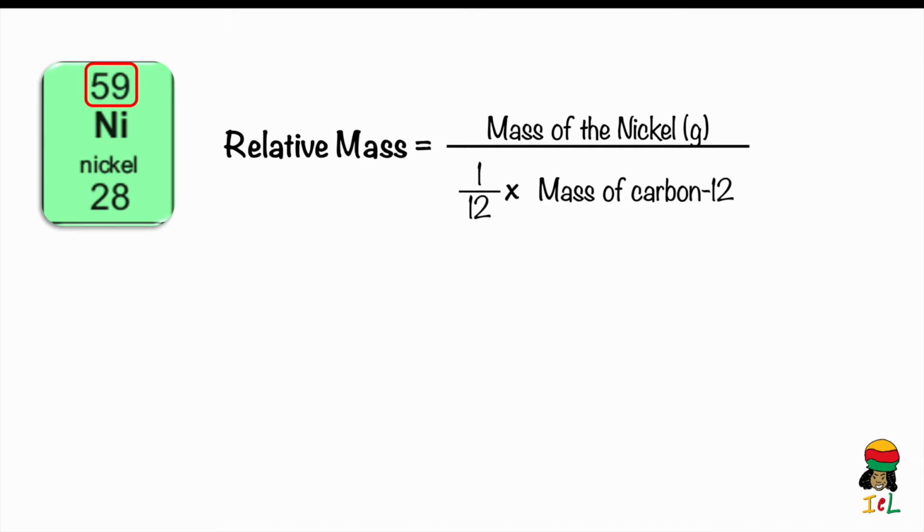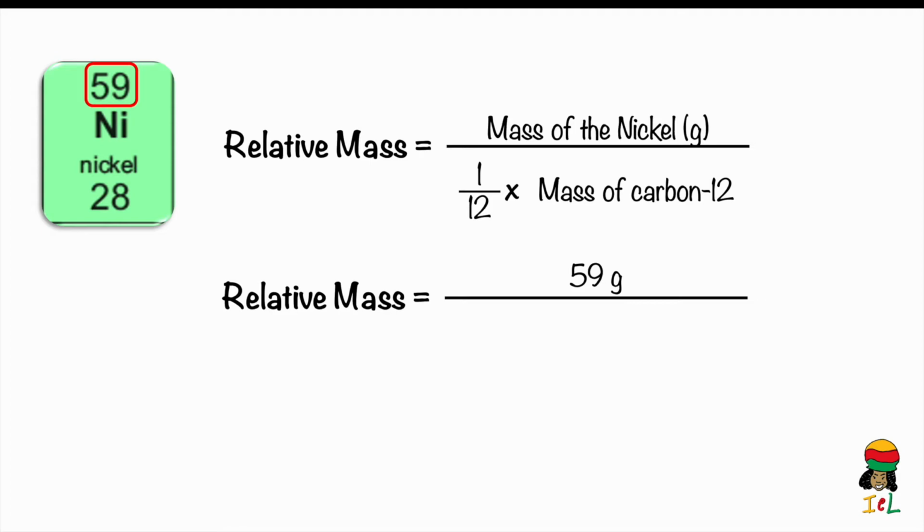Now we're going to substitute for the masses that we have in our equation. So we now have 59 grams, which is the mass of nickel, divided by 1/12 times 12 grams. 12 grams is the mass of carbon-12. In the denominator, we have 1/12 times 12 grams. So 1 times 12 is 12 grams divided by 12.